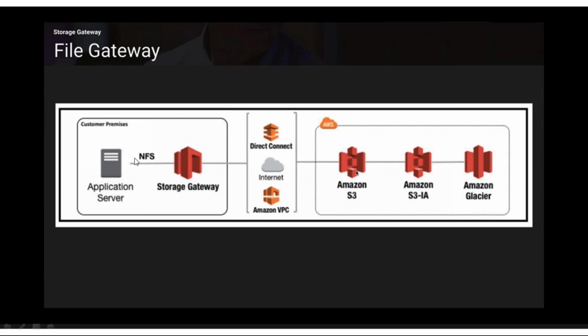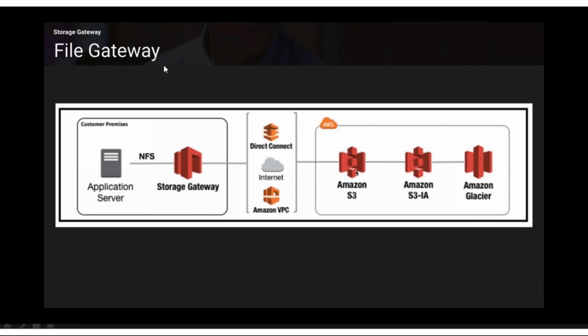So in S3 we are basically going to store all the objects, maybe in S3 Standard or S3 IA or maybe Glacier. So this is basically how I'm going to get connected from my on premises to the AWS cloud using the storage gateway appliance, in which we are using the first one, that is file gateway, which works on the NFS protocol.